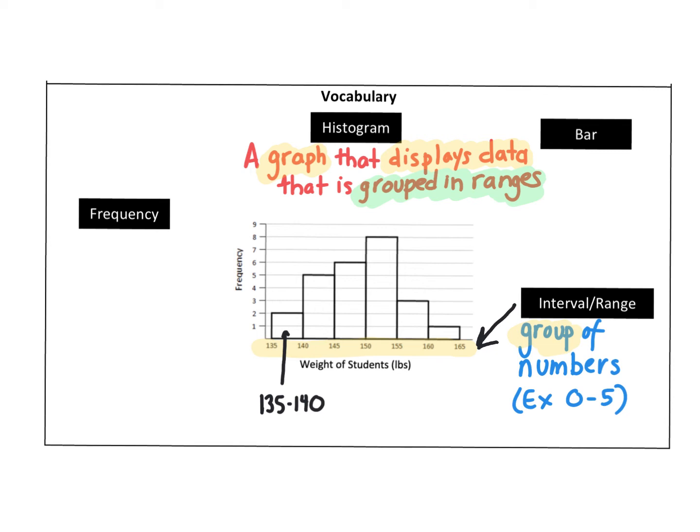Let's talk about a bar. Since we're right here, we might as well start talking about the bar. So a bar, it's a part of the histogram, so go ahead and write that down.